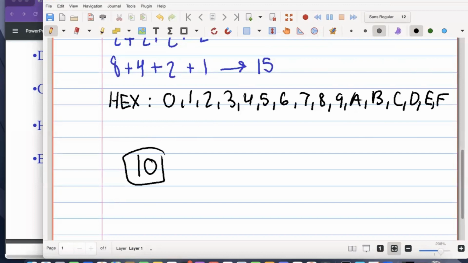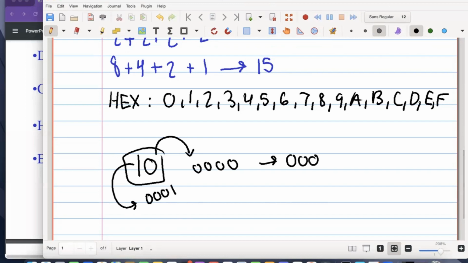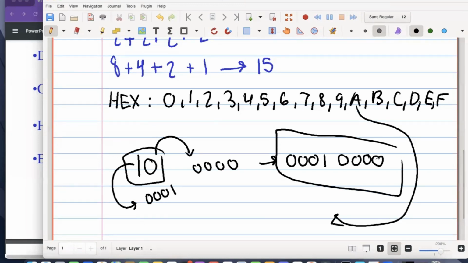Like in hexadecimal, to represent 10, if we did a direct conversion, it would be 0, 0, 0, 1, and then 0, 0, 0, 0, which is a lot more than just having A, which represents 10, which is 1, 0, 1, 0.